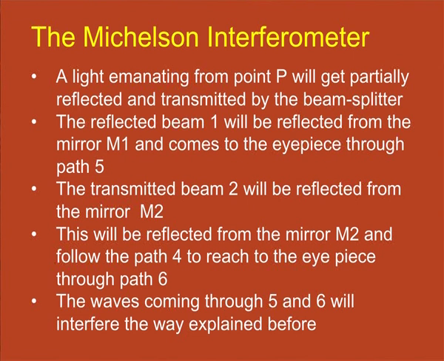The reflected beam 1 will be reflected from the mirror M1 and comes to the eyepiece through path 5. The transmitted beam 2 will be reflected from the mirror M2 and follow path 4 to reach the eyepiece through path 6. The waves coming through paths 5 and 6 will interfere the way explained before.